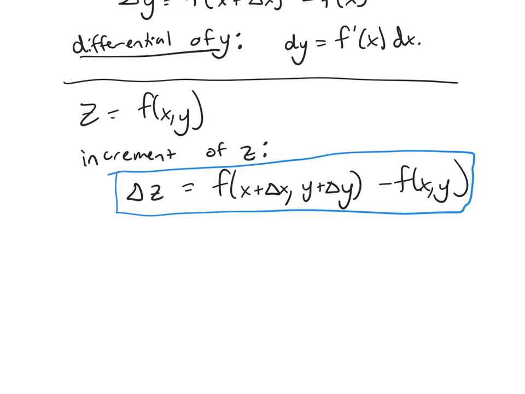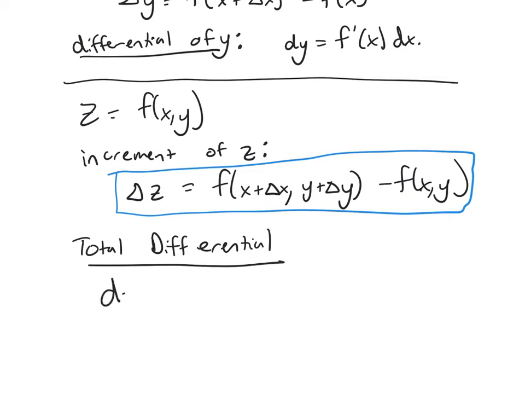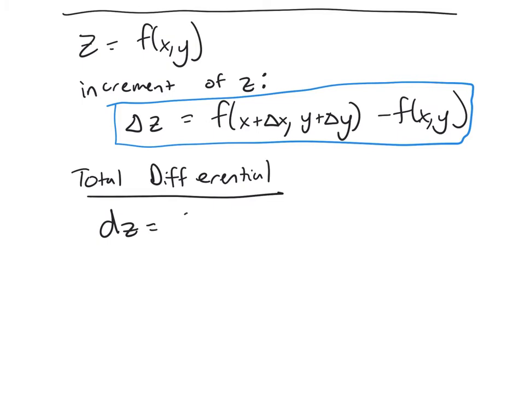And then from here we can talk about the total differential dz, and the formula for that, it's the partial derivative of z with respect to x dx plus the partial derivative of z with respect to y dy.